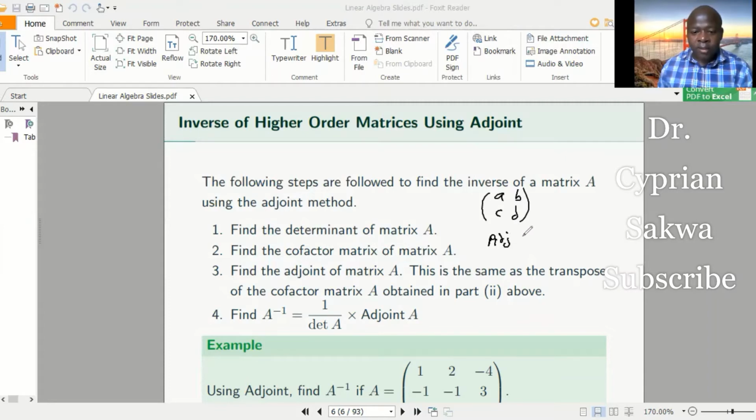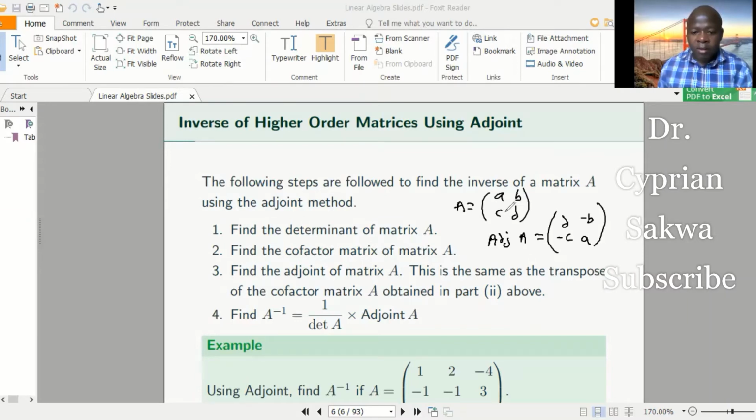The adjoint of this matrix A is the matrix that you get when you interchange this D and A, and then change the signs. If the sign is positive, then it must be negative this time, and this is also positive, so you have negative. So if the sign was positive, it becomes negative, and if it was negative, it becomes positive. This is the adjoint of this matrix. For a 2 by 2 matrix, that's what we do.